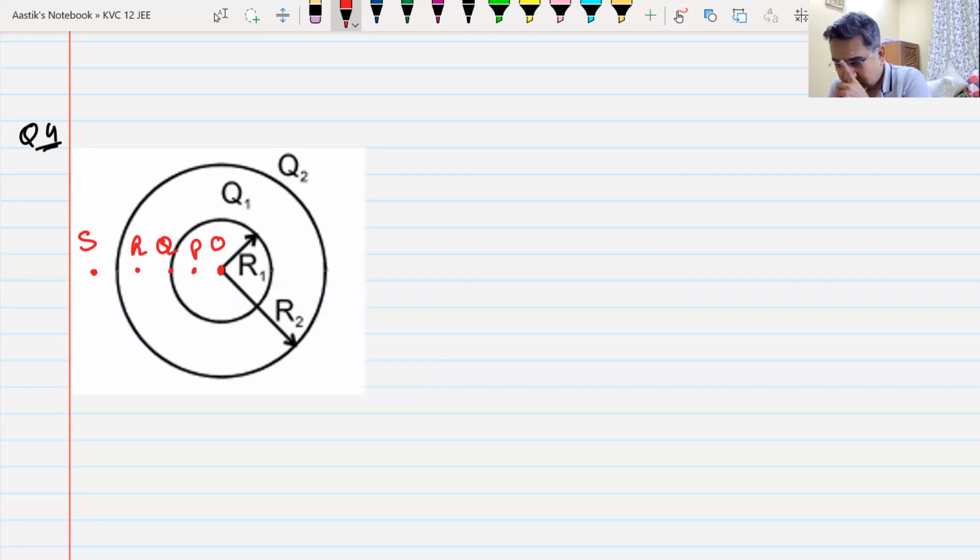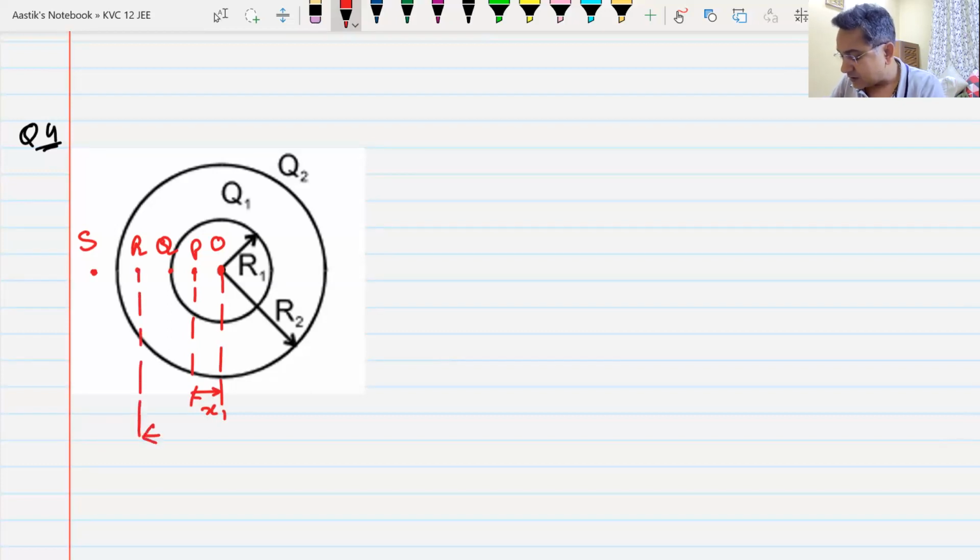So these are the 4 or 5 different points. Now you have to find the electric field at all these points. The distance of point P, you can take as x1. The distance of point Q is R1, so you don't have to take it.